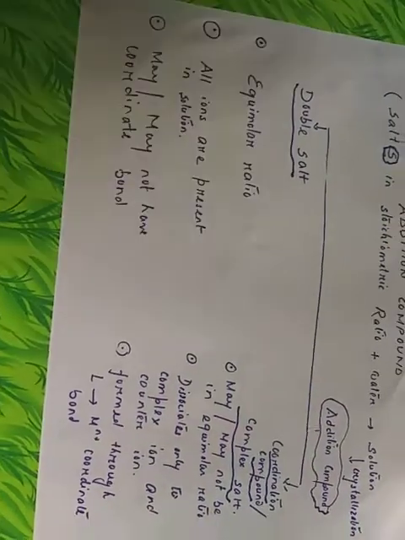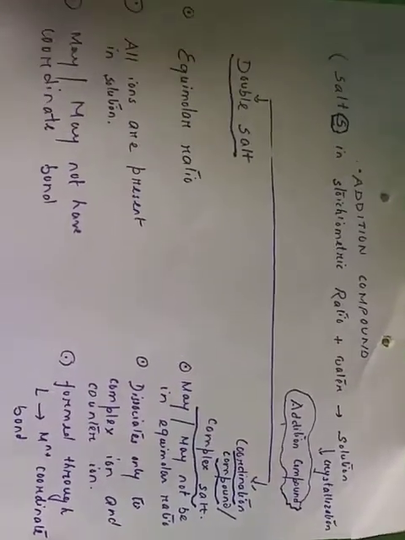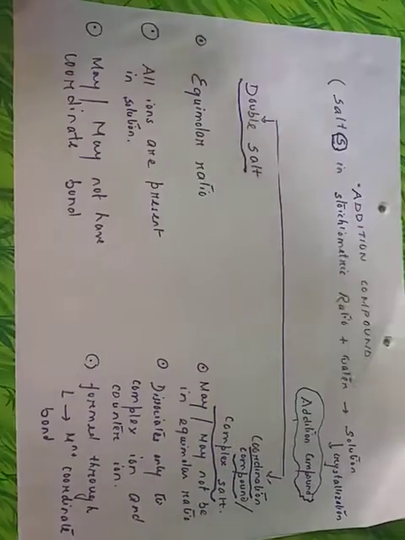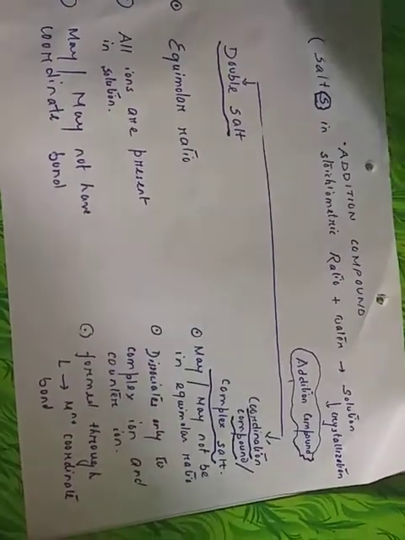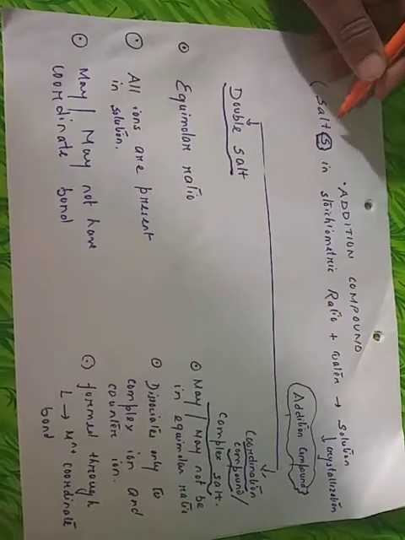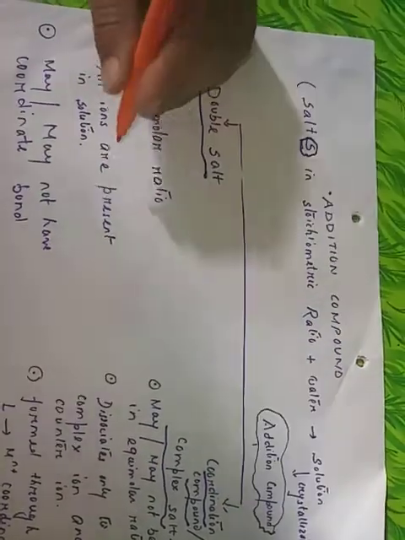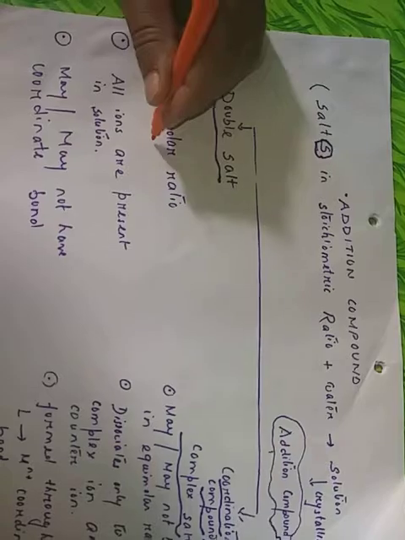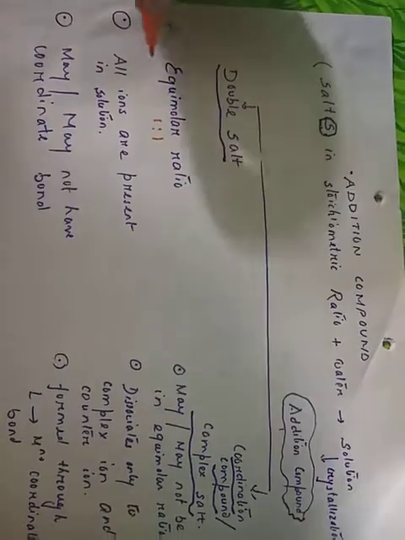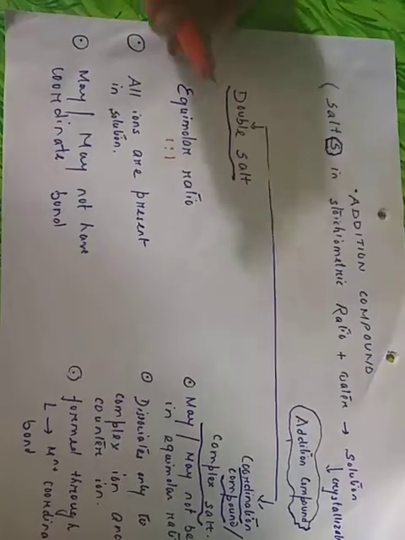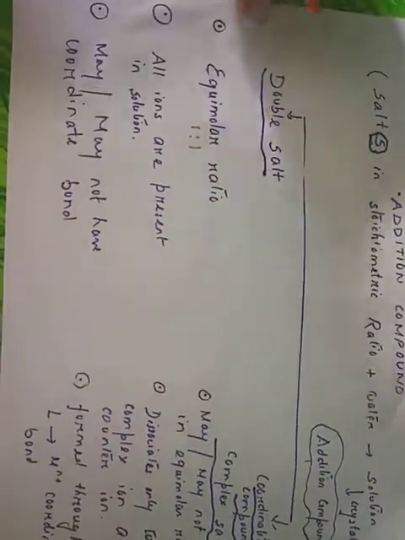The first point of difference is that in a double salt, we always have the components, which might not be salts, in 1:1 ratio. Without this 1:1 ratio, it is never possible to have a double salt.